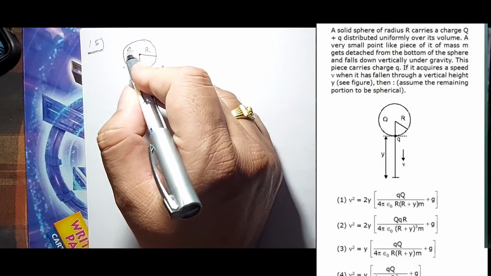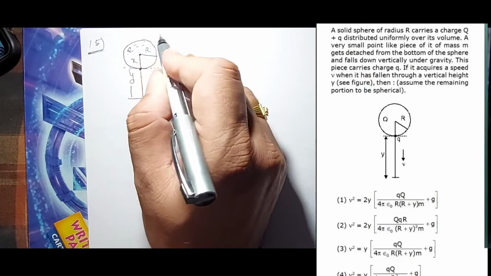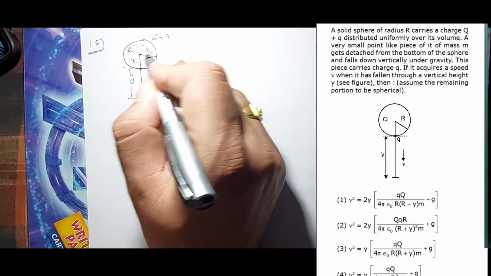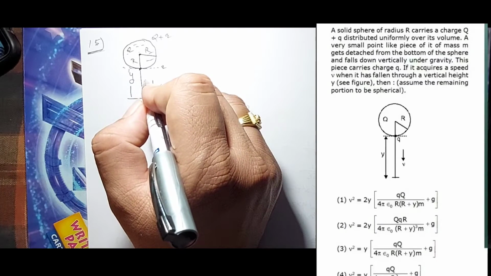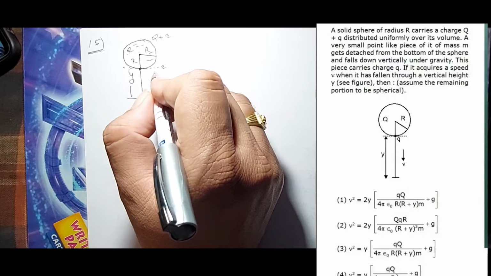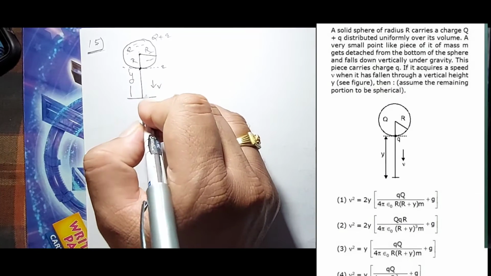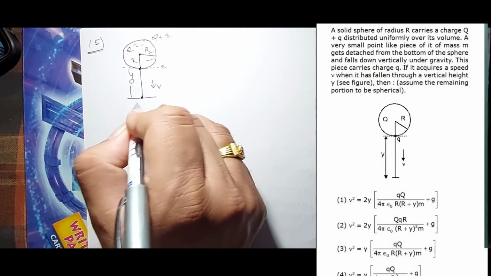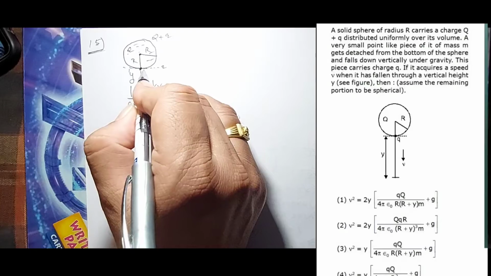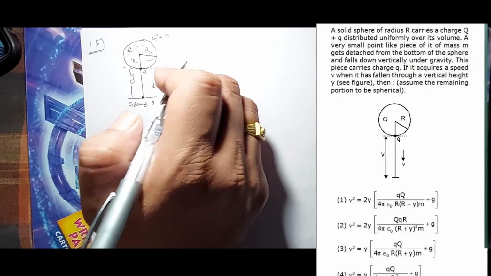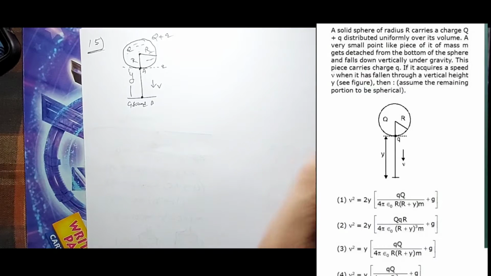So this is a solid sphere with total charge Q, uniformly distributed. A small mass of charge plus q gets detached from the bottom of the sphere and reaches the ground. This point is treated as A and this point as B. Now with what velocity it reaches the ground, that is what we are going to find out.